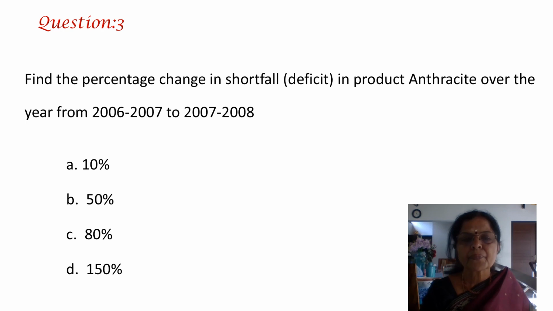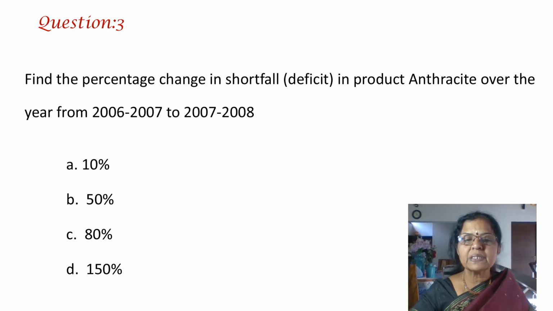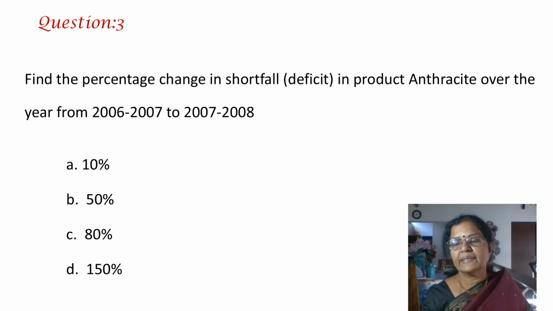Now, the third question. Here what is asked is, find the percentage change in shortfall. What is shortfall? That is deficit. So what is the change in the deficit? For which product? For the product anthracite, over the year from 2006-7 to 7-8.